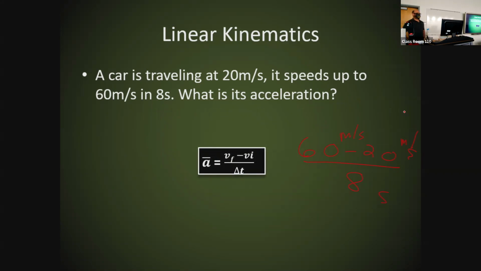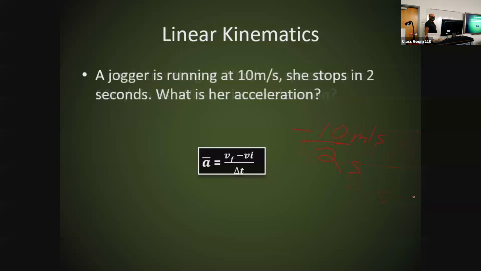What is its acceleration? The final was 60, the initial was 20, and the change in time was 8 seconds. So we had 40 divided by 8, so the acceleration was 5 meters per second squared, or 5 meters per second for every second.